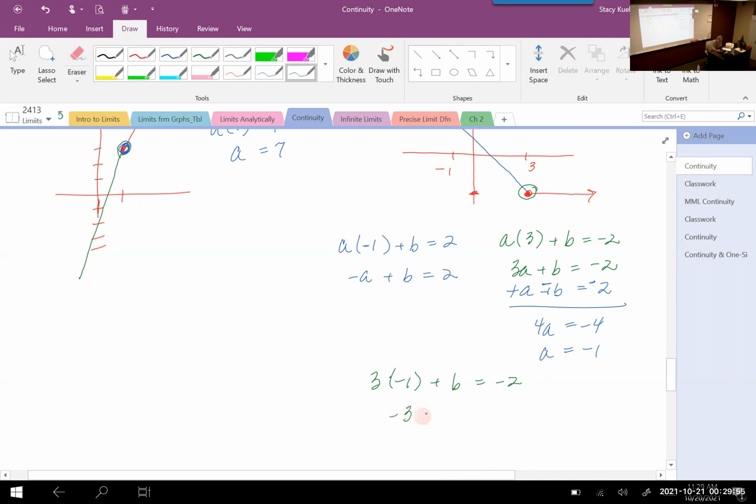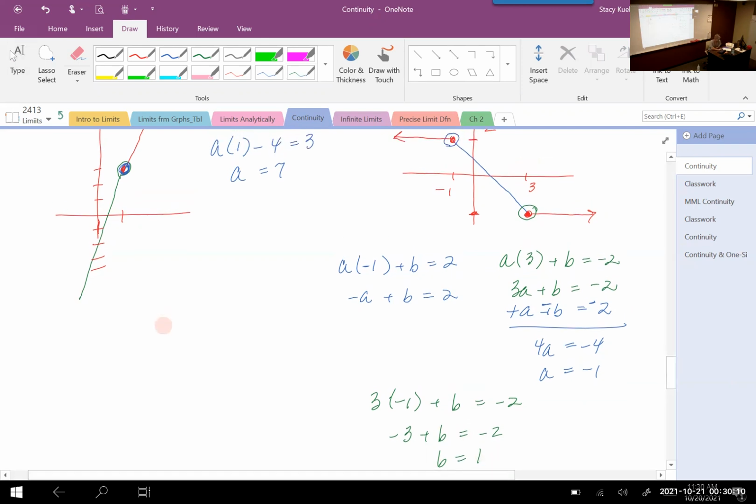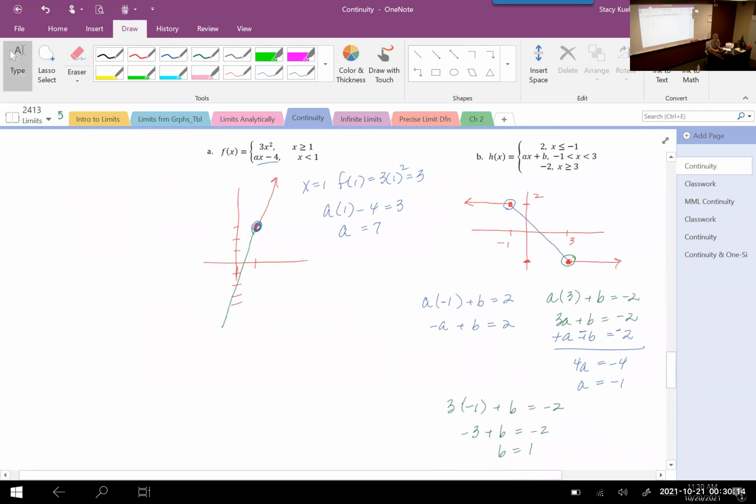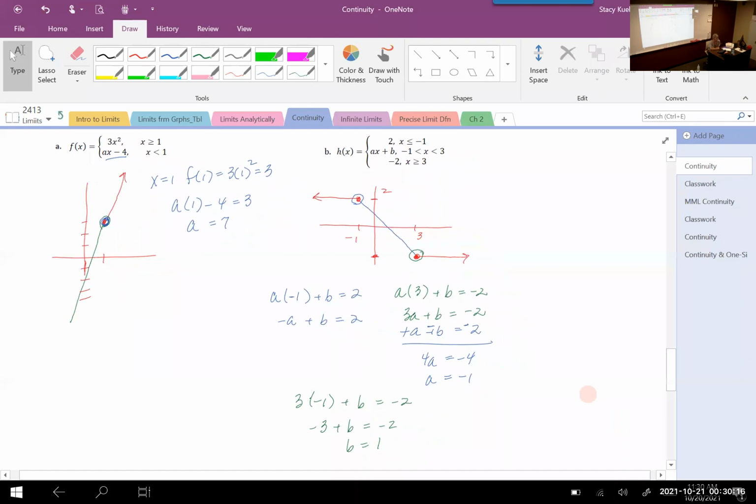Negative 3 plus b is equal to negative 2. b has to be equal to a positive 1. Is that correct now? Yeah, that's correct. Okay. So we found what the constants would be to make this thing continuous.